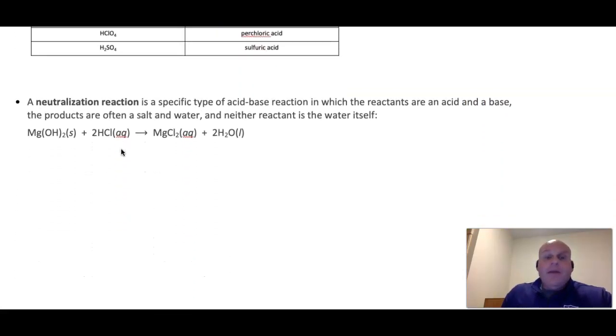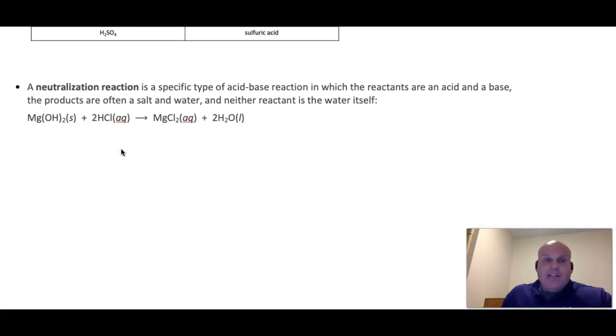A more common type of acid-base reaction is a neutralization reaction. This is similar to what we saw with the precipitation reaction as far as a molecular equation, a complete ionic equation, and a net ionic equation. So what happens here is our ions exchange, right? So I have two compounds.